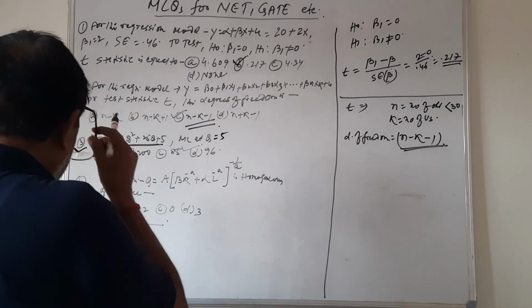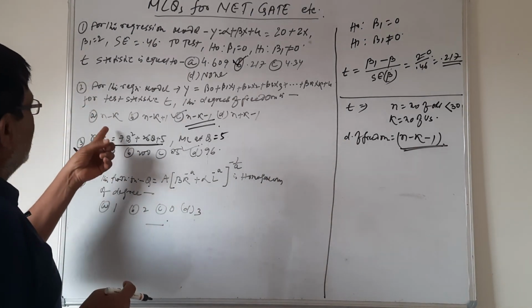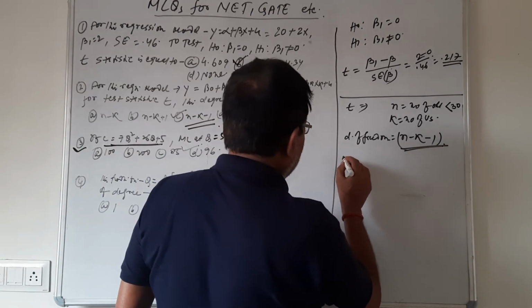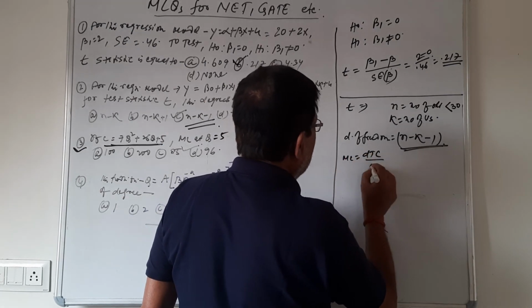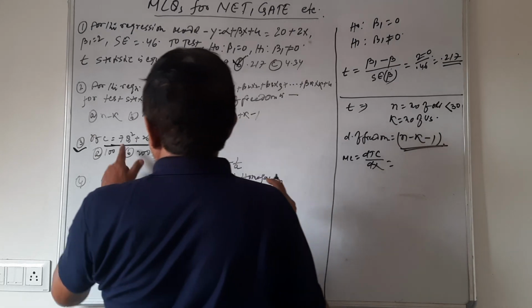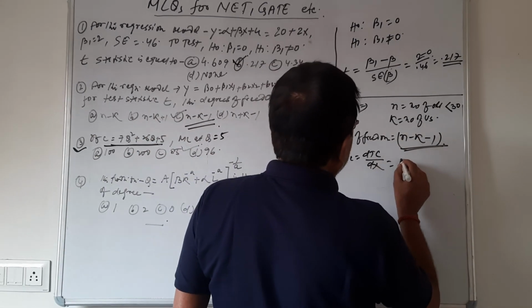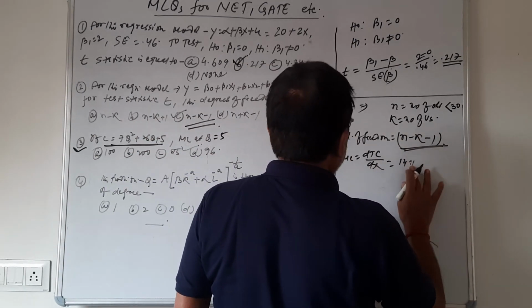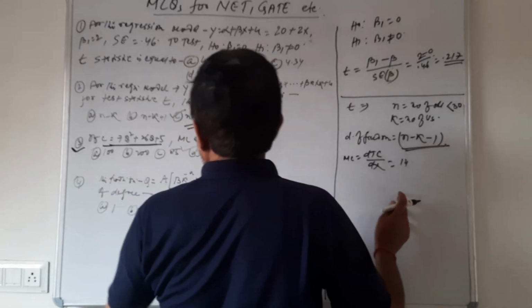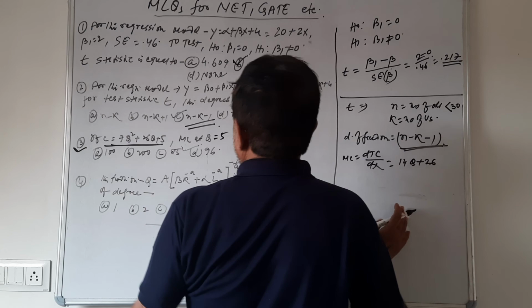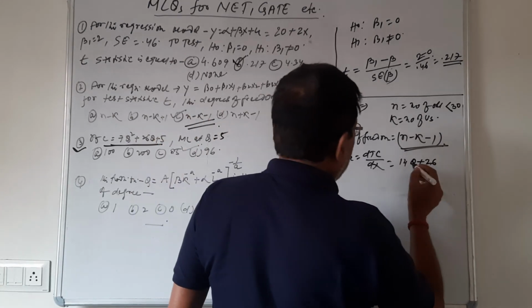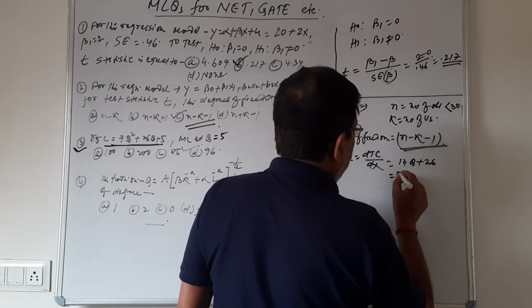Then simply differentiate this total cost function. Marginal cost would be dTC by dq, and the total cost is given in the form of q, so 14q plus 26, and we put the value of q as 5.